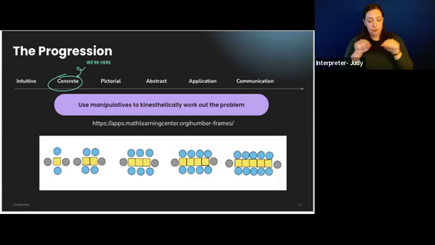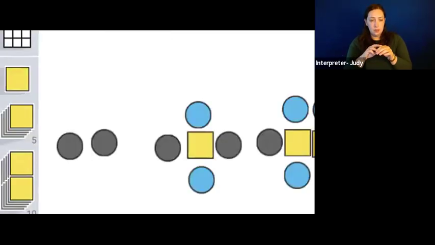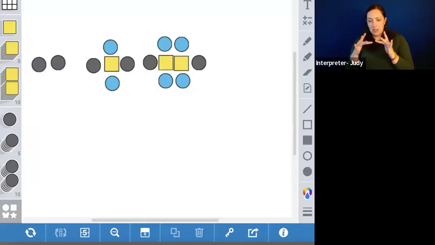If you don't have them, or you're teaching online, there is an online free manipulative website here called Number Frames, and I do have the link in the slides so you can access that.